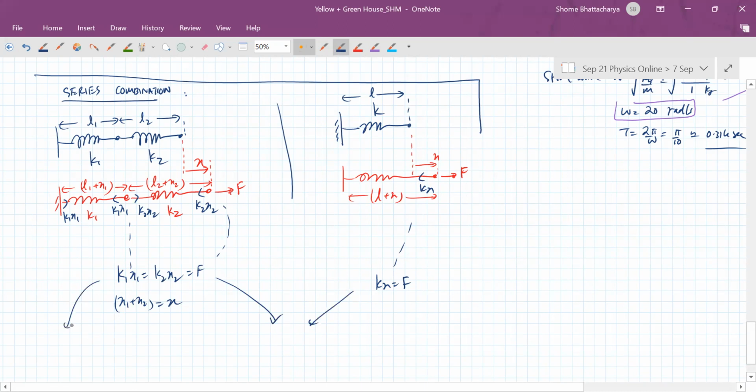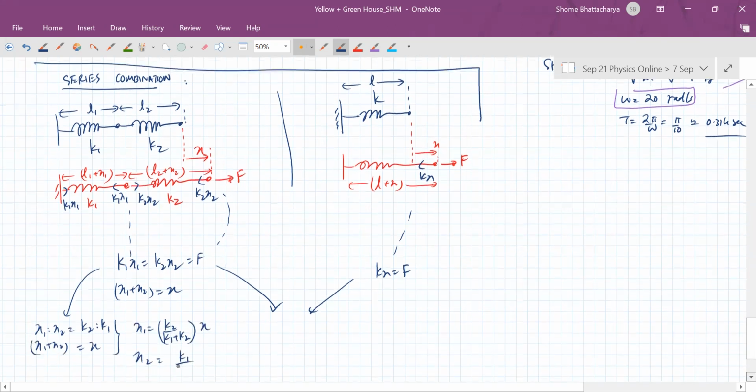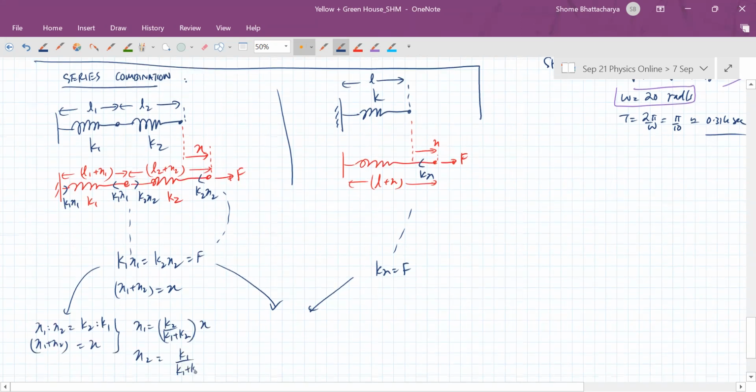So if we compare this set of equations, we will see that from this we have x1 is to x2 is K2 is to K1, and x1 plus x2 is equal to x. So x1 is K2 upon K1 plus K2 into x. x2 is K1 upon K1 plus K2 into x.